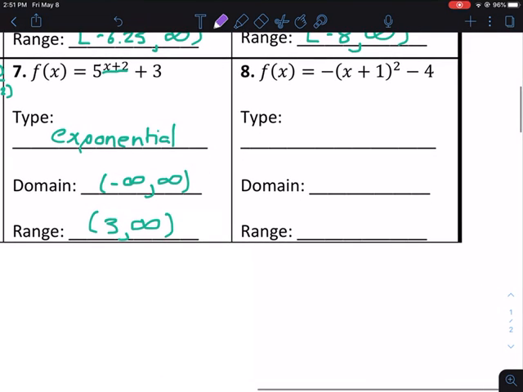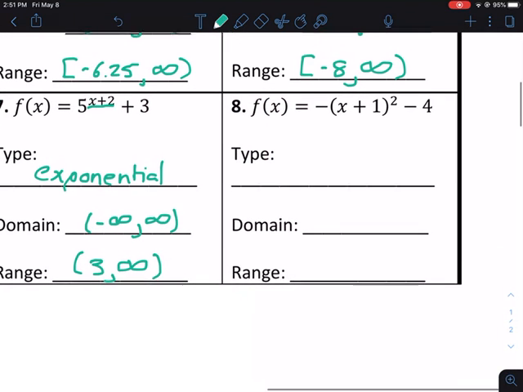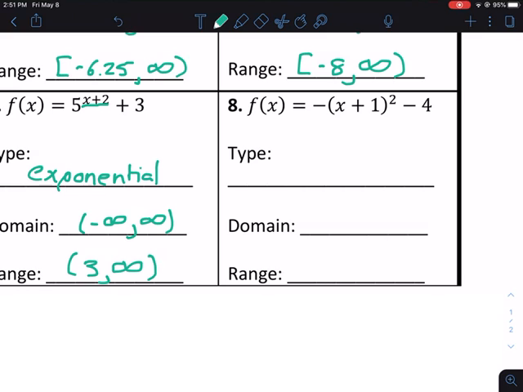Number 8 is again a quadratic, because we have degree 2. This is in vertex form. The negative means it's opening downwards, so it's reflecting.